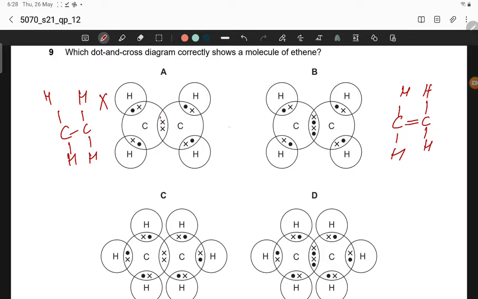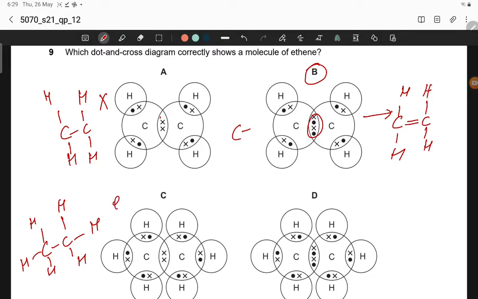This structure is like this because there are two pairs of electrons, so this must be correct. And this is ethane. A single bond is present, so this structure is ethane.